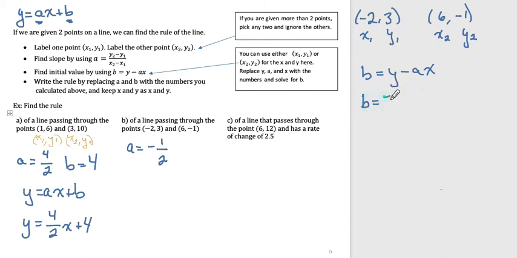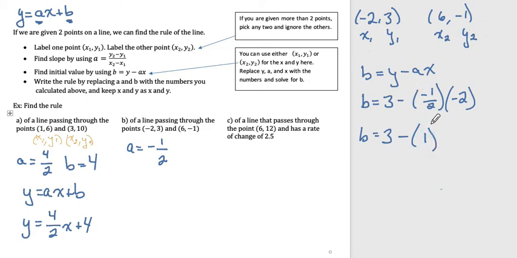So y is 3 minus a, which is a -1/2, times x, which is a -2. We have a lot of negatives going on here. So b equals 3 minus -1/2 times a -2 is a +1.